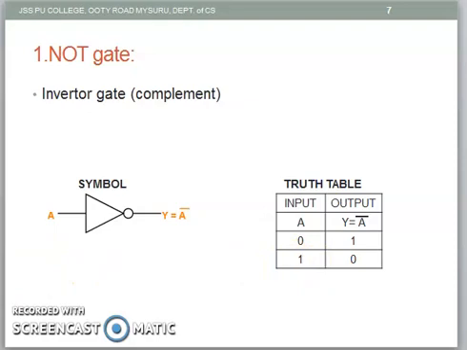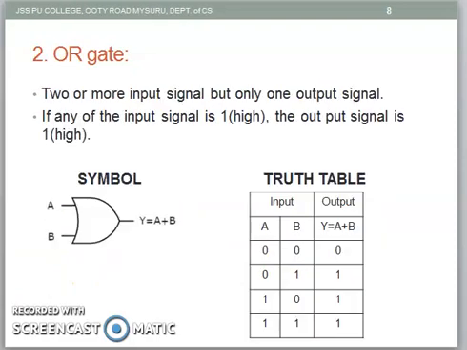Then move on to the second type. The second type of basic gate is the OR gate. The OR gate receives 2 or more input signals and produces an output signal. This is the symbol used to represent the OR gate. Here, if any of the input signals is high, the output signal is high, otherwise the output signal is 0.